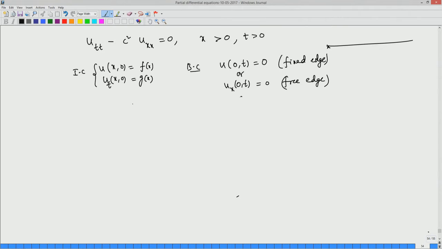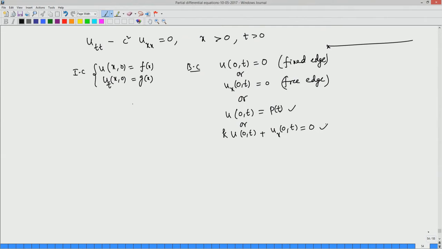What else? More generally, you can have u at (0,t) equal to some function of t, p(t), or u at (0,t) plus some constant k times u_x at (0,t) equal to 0.